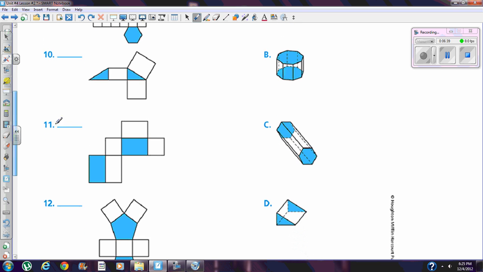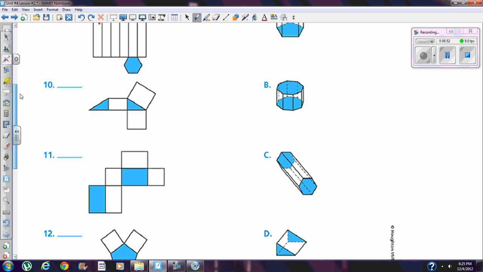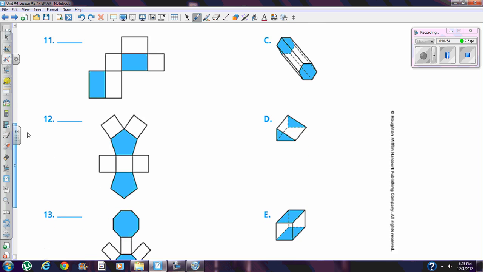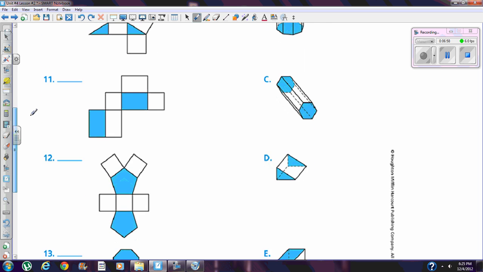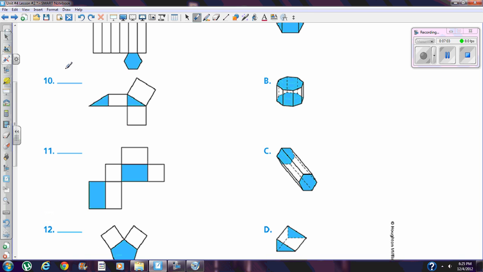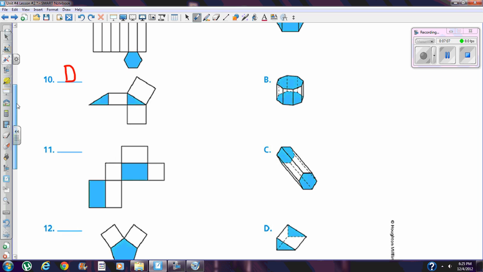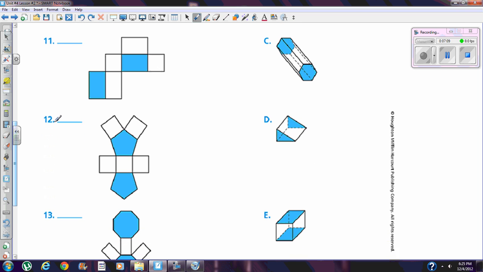And then let's look at 10. Here's your base, triangles. There's 1, 2, 3, 4, 5 faces total, but 2 are bases. So if you look at what you have left, there's only 1 that has bases of triangles, so your answer is letter B. Problem number 11.